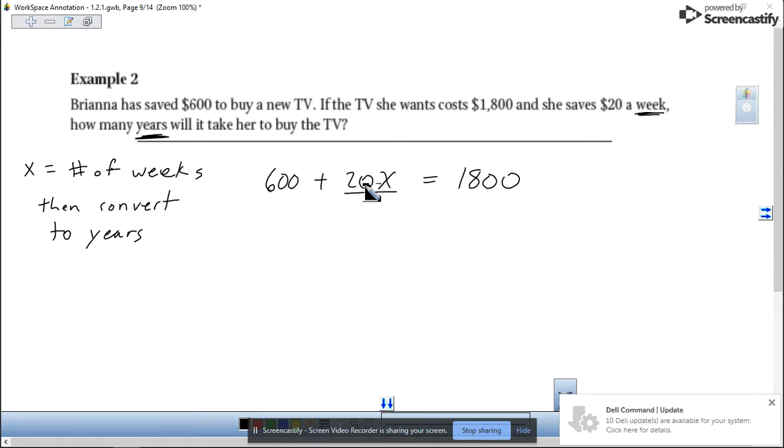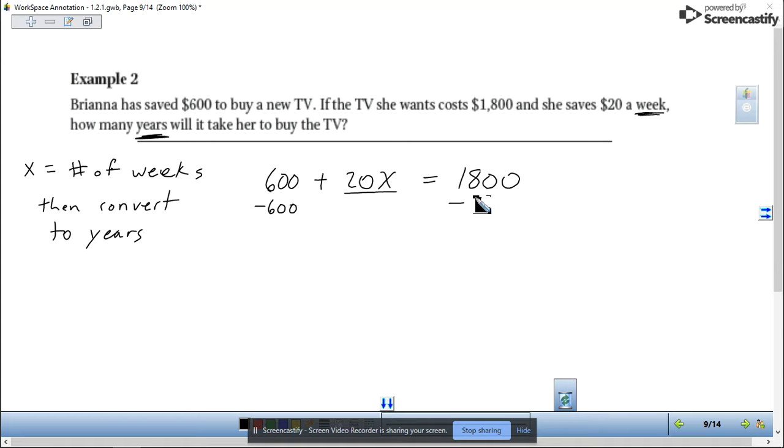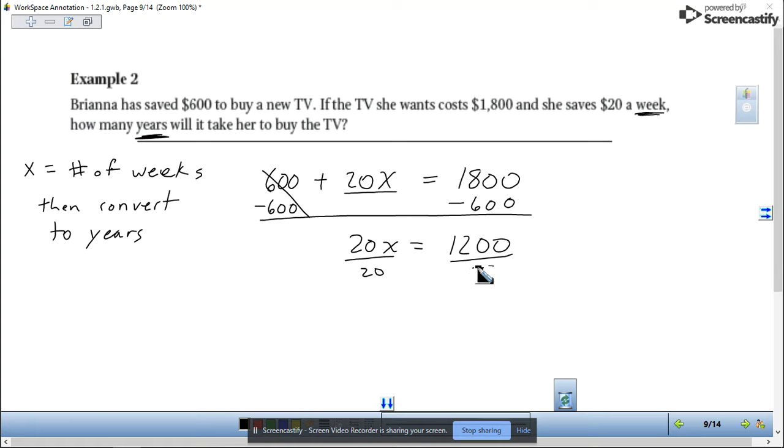Now, we can go through and solve that, and we'll have the number of weeks. So the way we would do that is subtract 600, we get 20x equals 1200. Divide by 20. We're doing inverse operations here. Okay? And we end up with x equals 60.